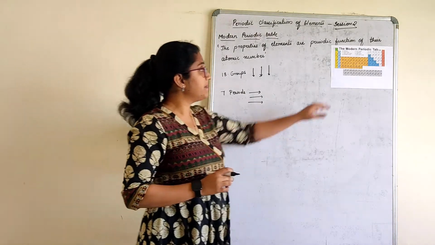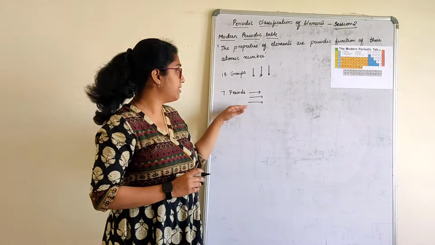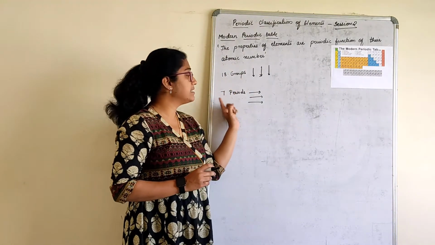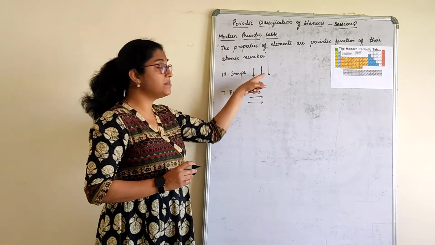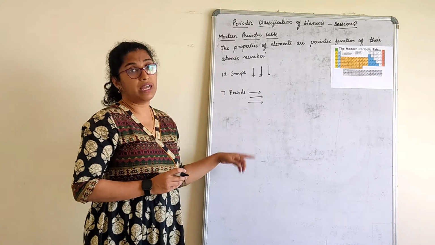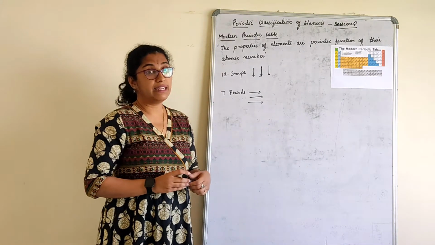Apart from that, you can also see some 2 things which are given. We'll discuss that once we finish this. So we have 18 vertical columns called groups and 7 horizontal rows known as periods, the same as what Mendeleev had given.